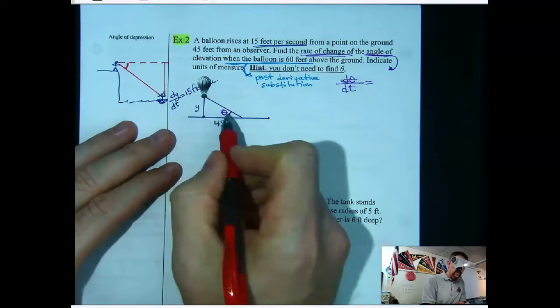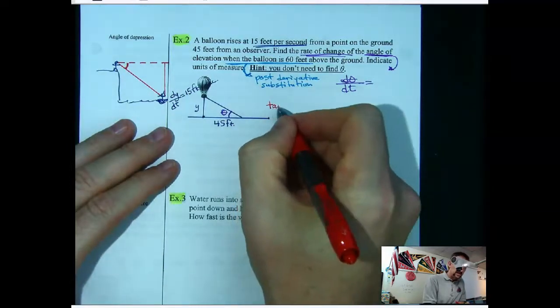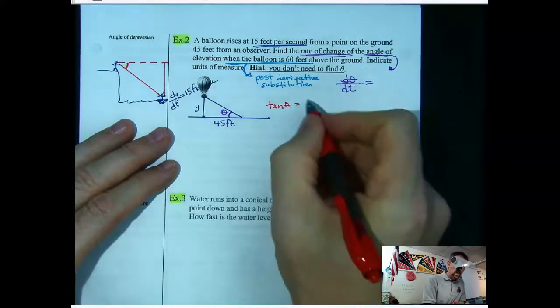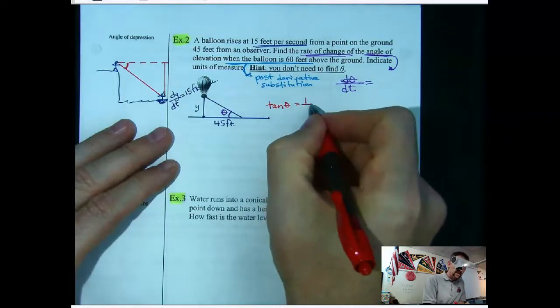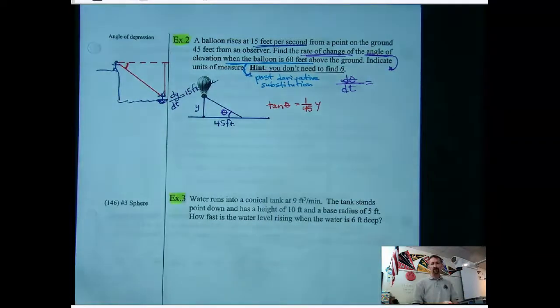So think about it, write it down, which trig function? So that's tangent. Tangent of theta is opposite over adjacent. So that would be y over 45, but I'm going to rewrite that as 1 over 45 times y. Same thing, y over 45. But in taking a derivative, I just want to look at it that way a little bit. Okay?